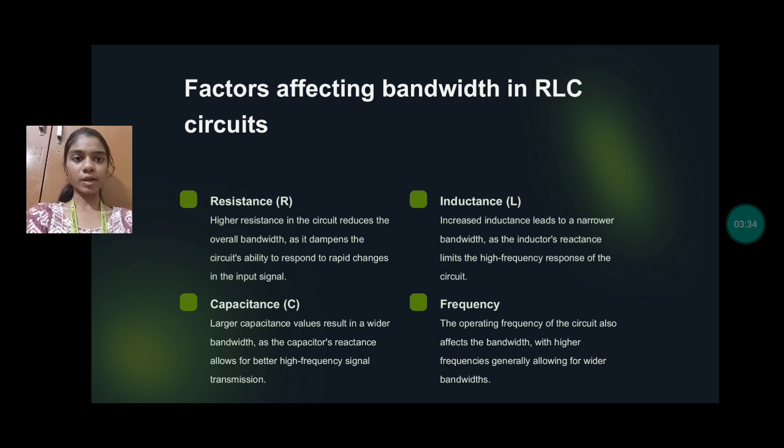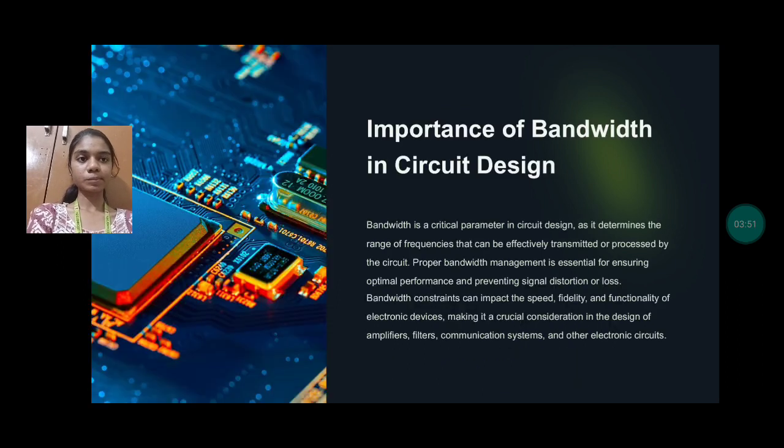Larger capacitance values result in a wider bandwidth as the capacitor's reactance allows for better high frequency signal transmission. The operating frequency of the circuit also affects the bandwidth, with higher frequencies generally allowing for wider bandwidths.